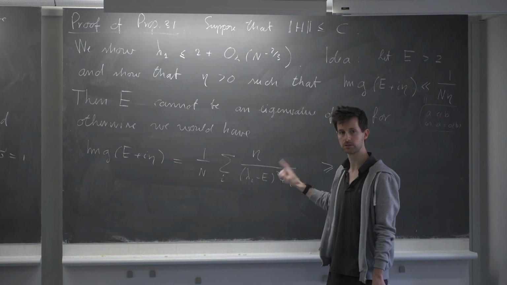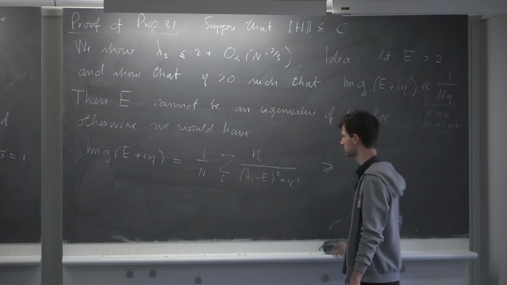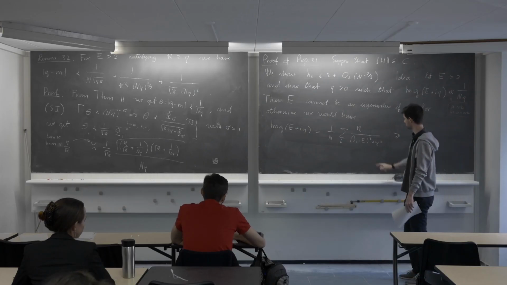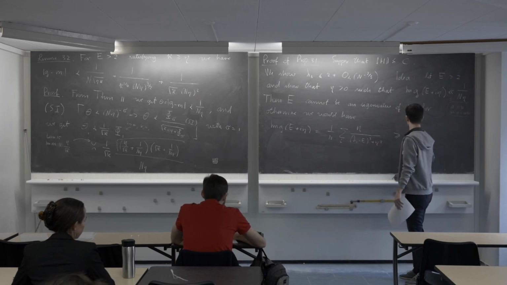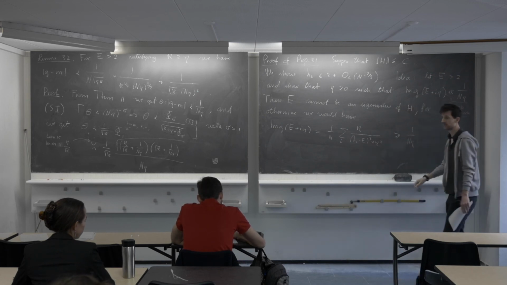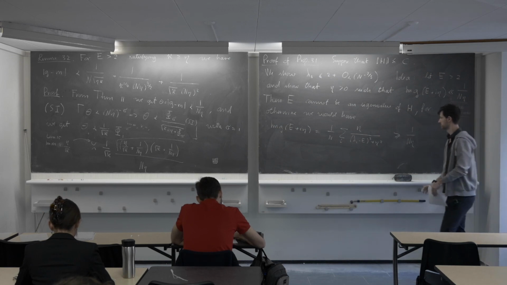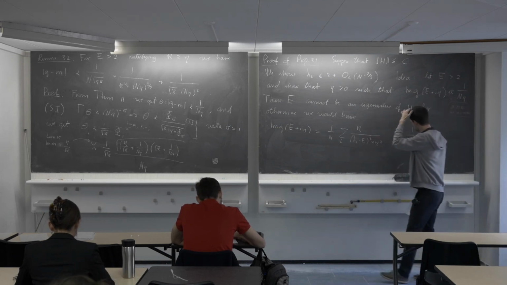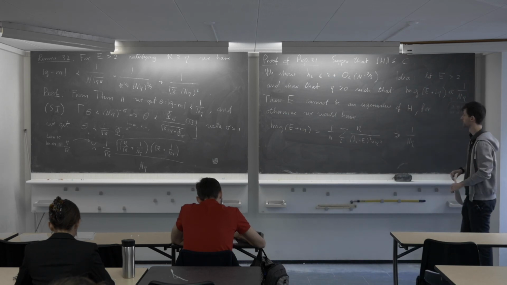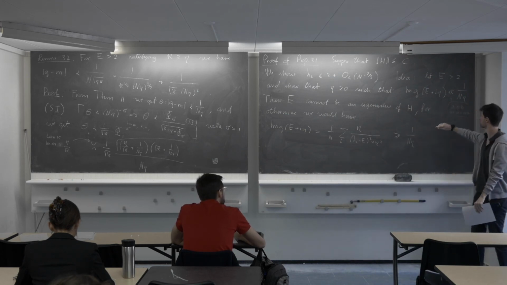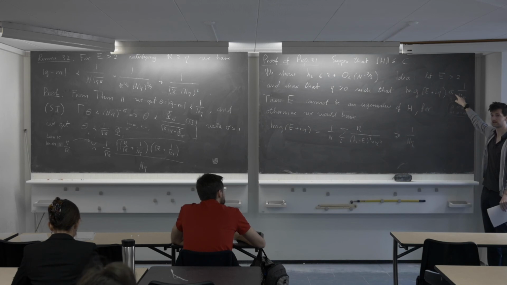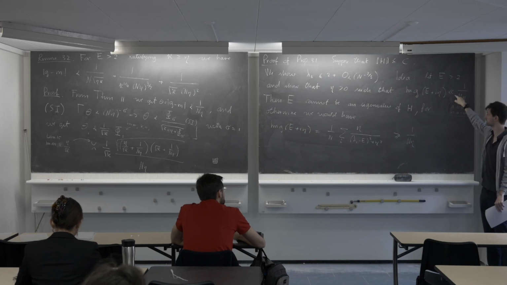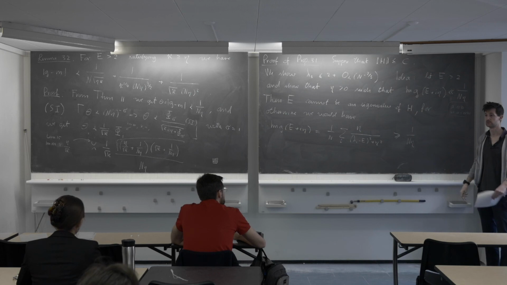I make the assumption E is an eigenvalue, so there is an i such that lambda i is equal to E. And for that term, I get 1 over n eta, right? Because this term is 0, I get eta over eta squared, which is 1 over eta. And this is a direct contradiction to this estimate. So in other words, if I prove this estimate, I know I cannot have an eigenvalue at E.